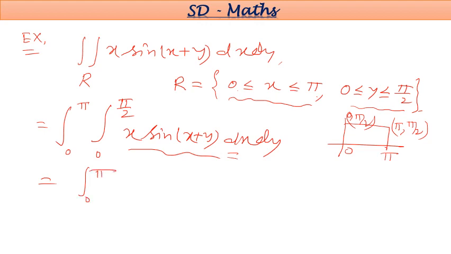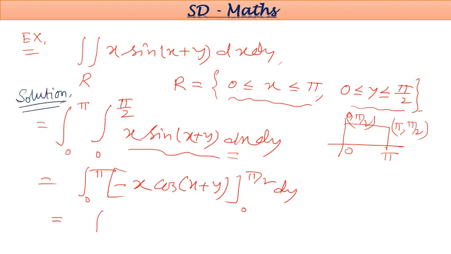Integrating this with respect to x, we will have minus x cos(x plus y) with the limit 0 to pi by 2 dy. Now putting the limit, we will have integral of x sin x plus x cos x dx, with the limit 0 to pi.